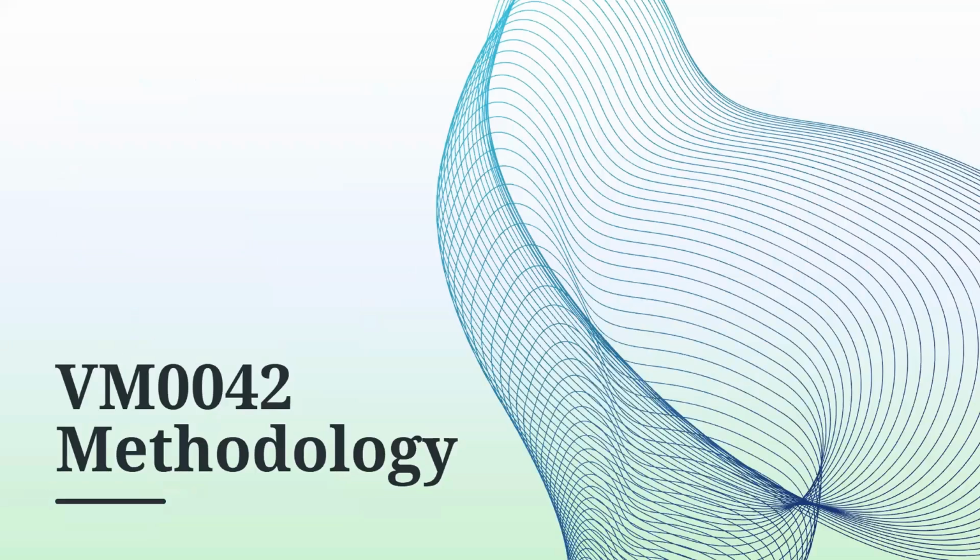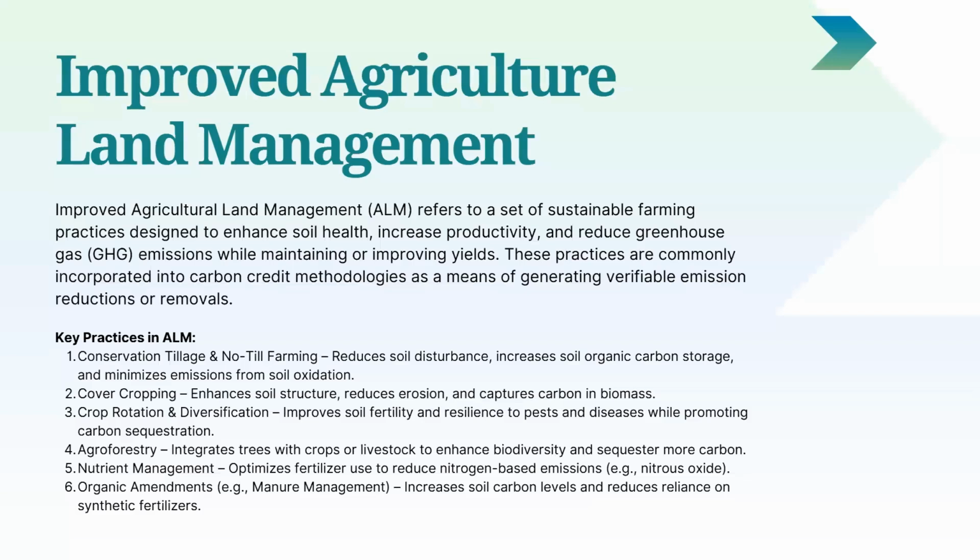So now we're moving into information that's specific for projects that are associated with VM0042. So this is focused on improved agriculture land management, and this refers to a set of sustainable farming practices designed to enhance soil health, increase productivity, and reduce greenhouse gas emissions while maintaining or improving your yields.